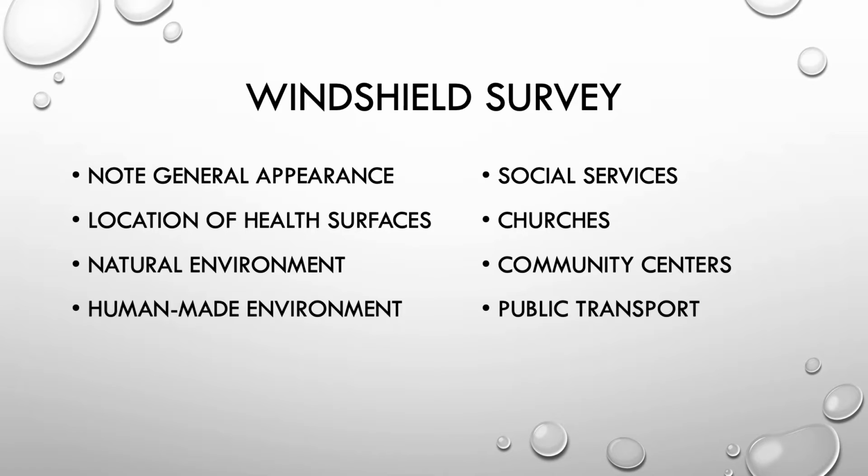What services are provided by the local religious groups, community centers, or if there is public transportation available in the community as well. The community health nurse plays an active role in assessment, data interpretation, and problem identification.